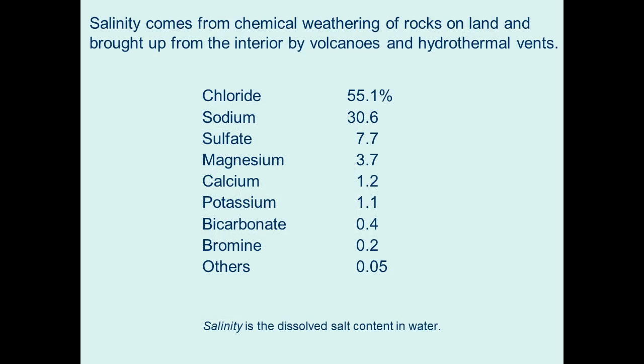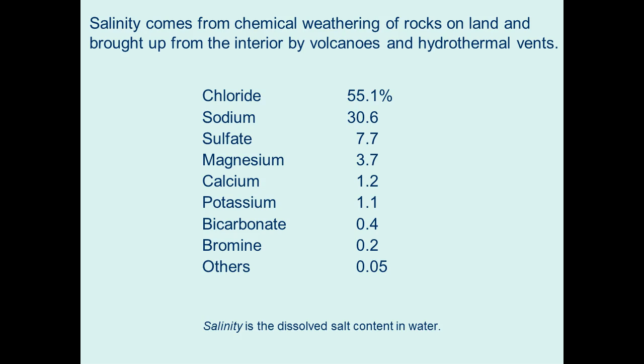These ocean waters contain dissolved salts that we call salinity. We want to look at where this salinity comes from and what its composition is. The salinity comes from the chemical weathering of rocks on land, and the salts that are brought up from the interior of the Earth in volcanoes and other hydrothermal vents.